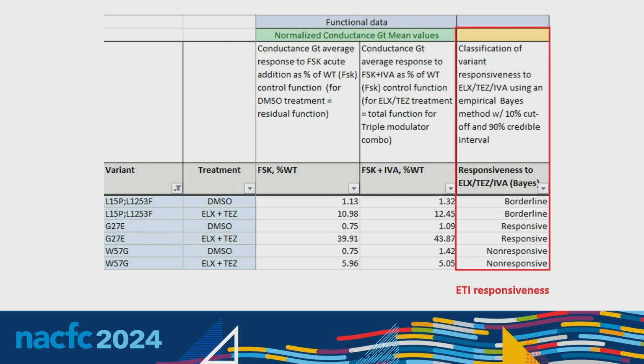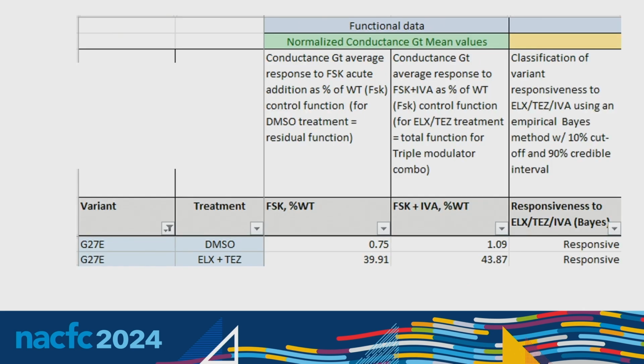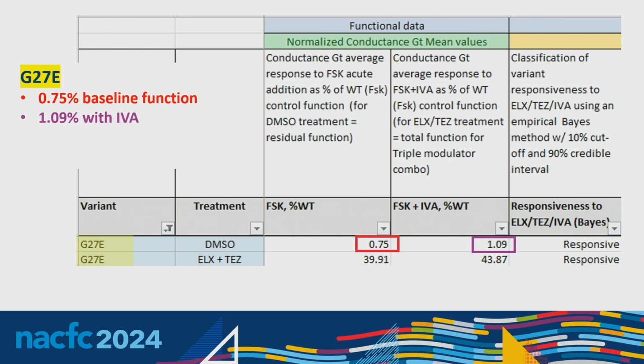It's just ETI. So what does this look like for an individual variant if you want to go through this table and search yours? This is G27E, missense variant. It's rare. It has 0.75% baseline function, so less than 1% baseline function. When you add ivacaftor, and you can see, so here's this, FSK is forskolin.